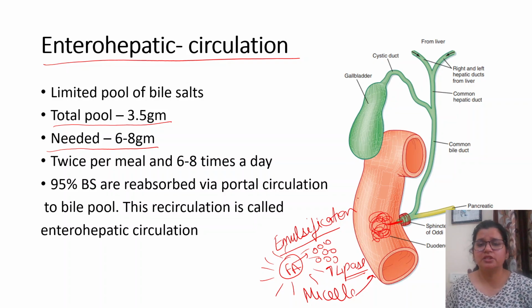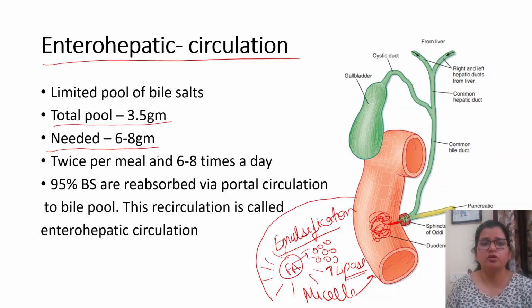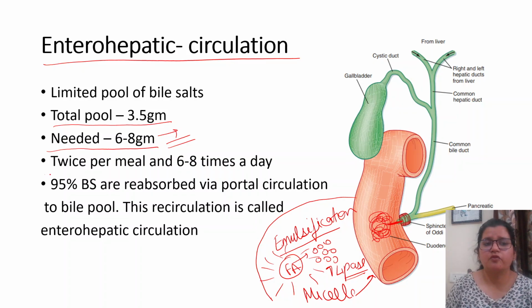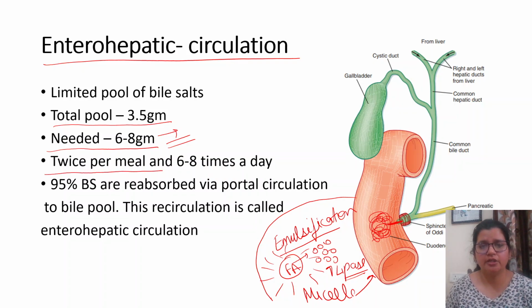This is very important, and we want around 6 to 8 grams for fat digestion. So for at least one meal, it has to run in the circulation twice; only then will it be sufficient. That's why we need enterohepatic circulation: the same small amount available circulates again to fulfill the requirement.